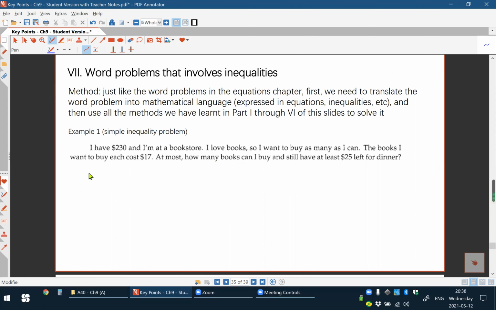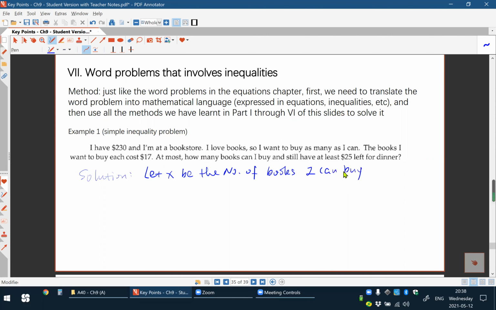Okay, to solve this, usually we'll use a letter to denote the unknown quantities that we want to solve, right? So here we can let X be the number of books I can buy.